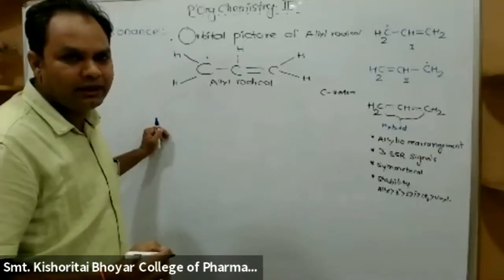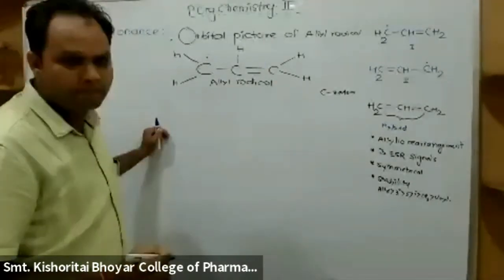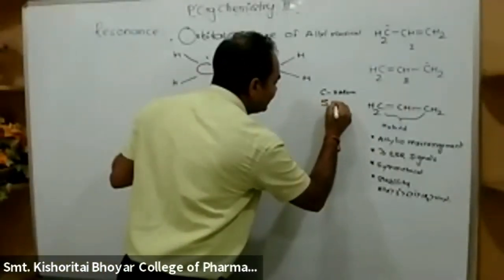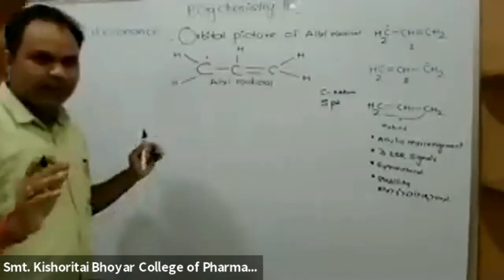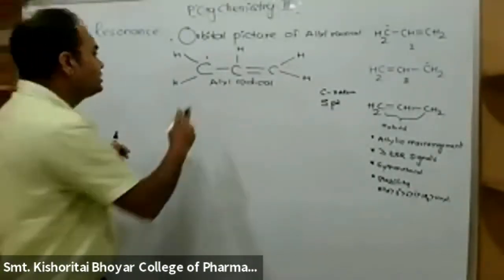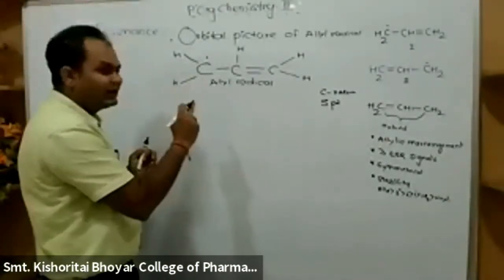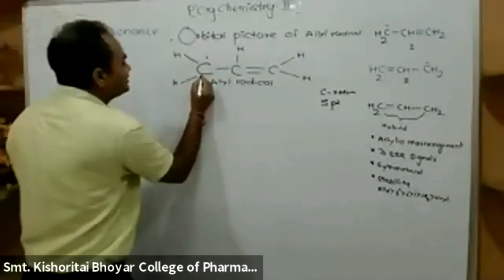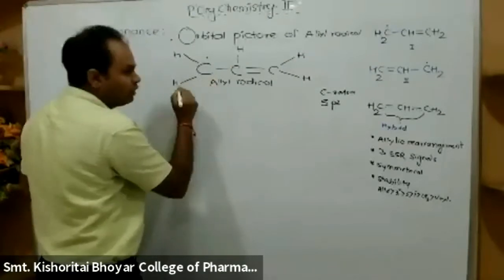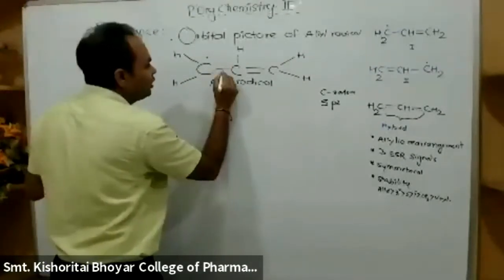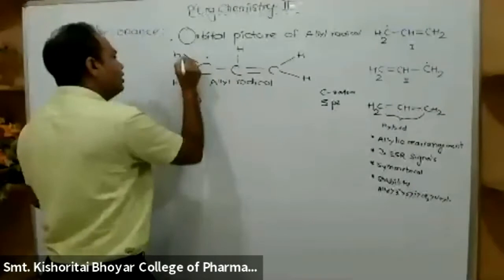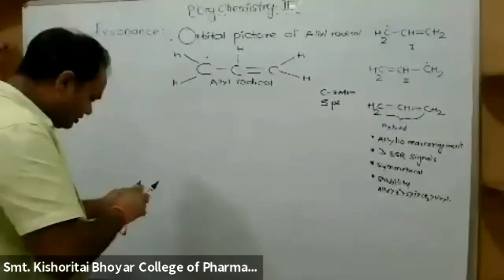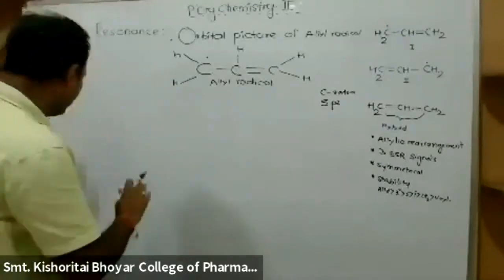Anybody? Write in the chat. sp2. It's very simple. Each carbon of the allyl radical is sp2 hybridized because it is bonded to 3 atoms, meaning each carbon has 3 sp2 orbitals. Out of that, 1 sp2 orbital overlaps with this, 1 sp2 overlaps with this, 1 sp2 overlaps with this. Now we see this picture in detail. Okay, see.